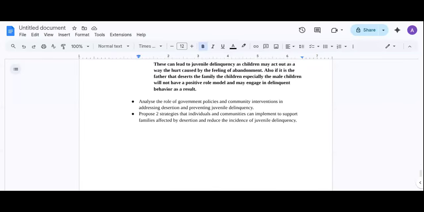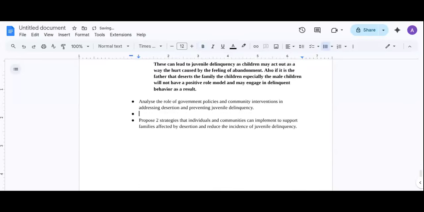Also, if it is the father that deserts the family, the children, especially the male children, will not have a positive role model and may engage in delinquent behavior as a result. So they may also be looking for attention or love in gangs and all of that. So that causes them to engage in delinquent behavior.